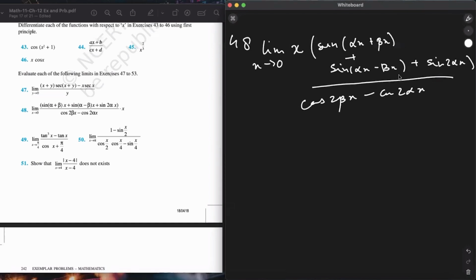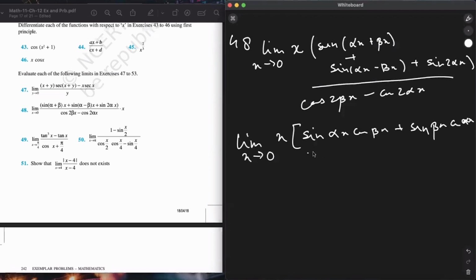So I can see that in the sine, I have sine a plus b and sine a minus b form. So I can further simplify it and write it as sine a cos b plus cos a sine b. So sine alpha x cos beta x plus sine beta x cos alpha x, and plus sine alpha x cos beta x minus sine beta x cos alpha x.